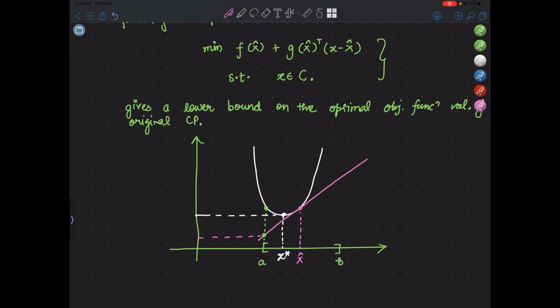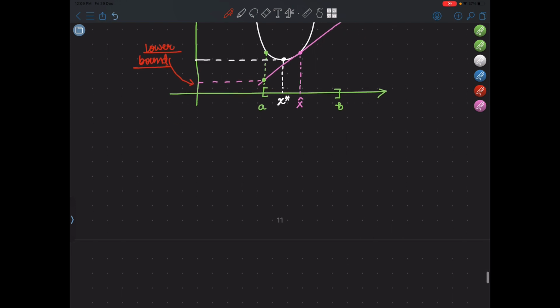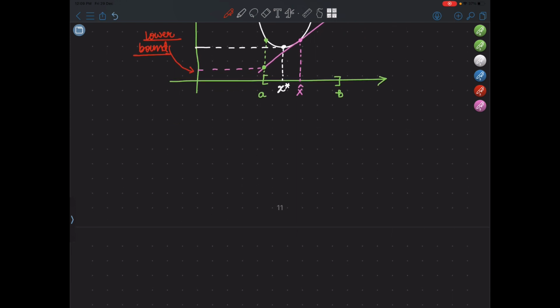So you can always see that the minimum point of the new CP gives a lower bound for the optimal objective function value of the original CP. Even though it's a crude lower bound, it's still a lower bound nonetheless. So that is one more geometrical interpretation of the above theorem.